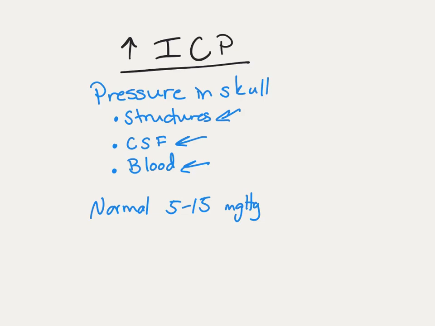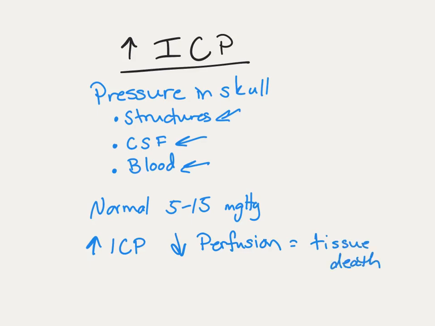The problem with increased intracranial pressure is that the higher your pressure goes, the less perfusion or blood flow you have to the brain tissues. So if that situation persists for too long, we end up with tissue death or permanent brain damage. Of course, tissue death just causes more inflammation, which causes more intracranial pressure, which causes a decrease in perfusion, and it becomes a vicious cycle.